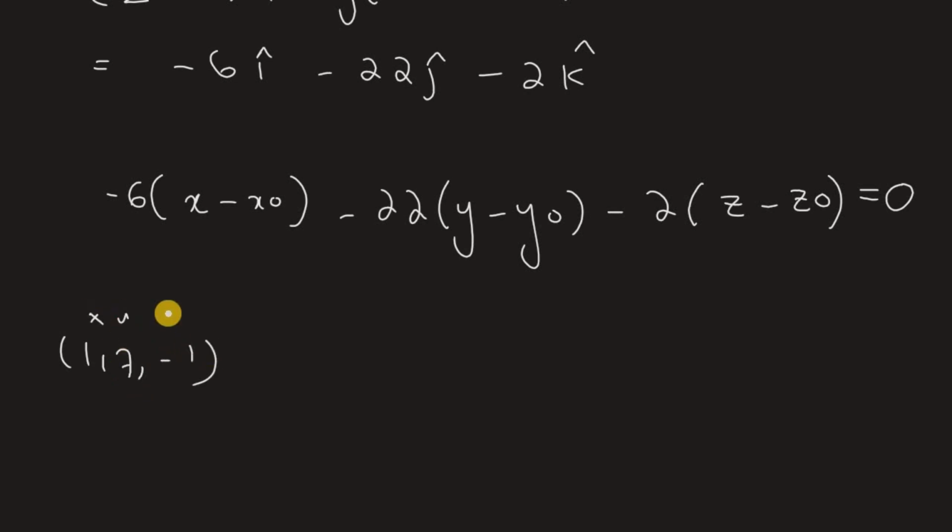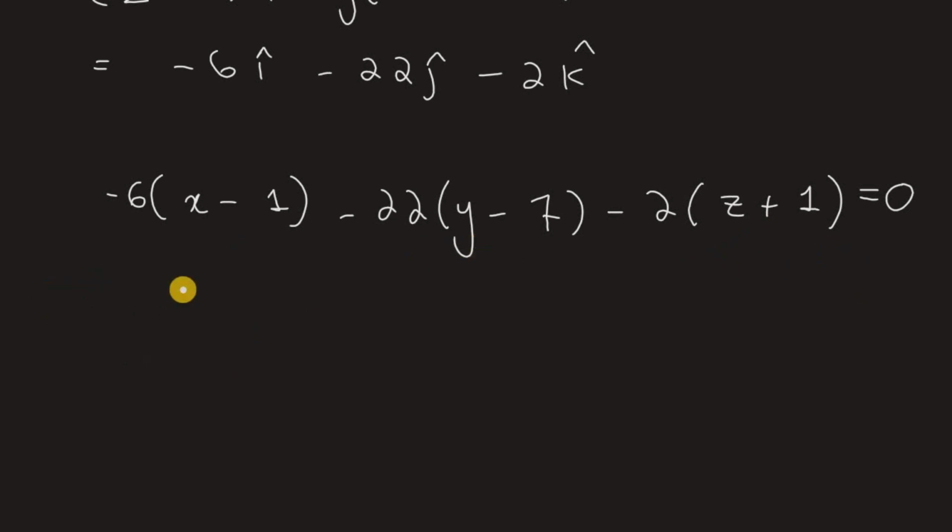So this is x, this is y, this is z. So x0 is replaced with 1, y0 is replaced with 7, and -1, negative, that makes a positive, so then here we have 1. And you can leave your answer like this.